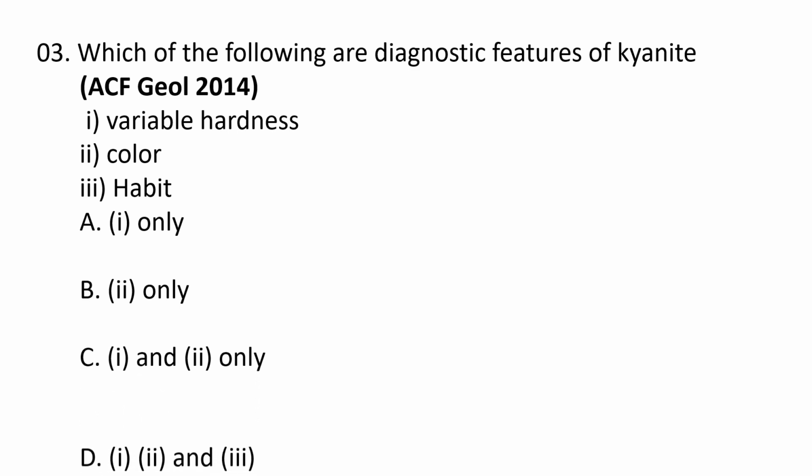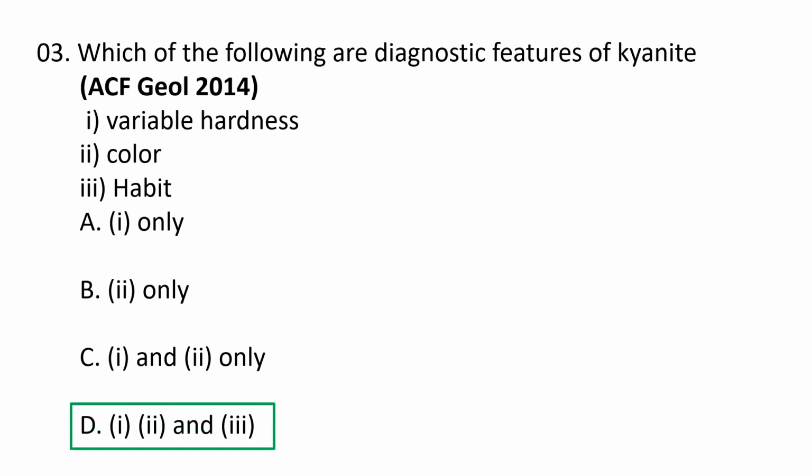So the correct answer is D, 1, 2 and 3, because kyanite is a mineral with all these diagnostic features like variable hardness. This mineral is also known as disthene because of variable hardness. The hardness ranges from 4.5 to 7 and it's characterized by blue color and its habit is bladed. So all these, variable hardness, color and habit, are the diagnostic features of kyanite. That's why D is the correct option.